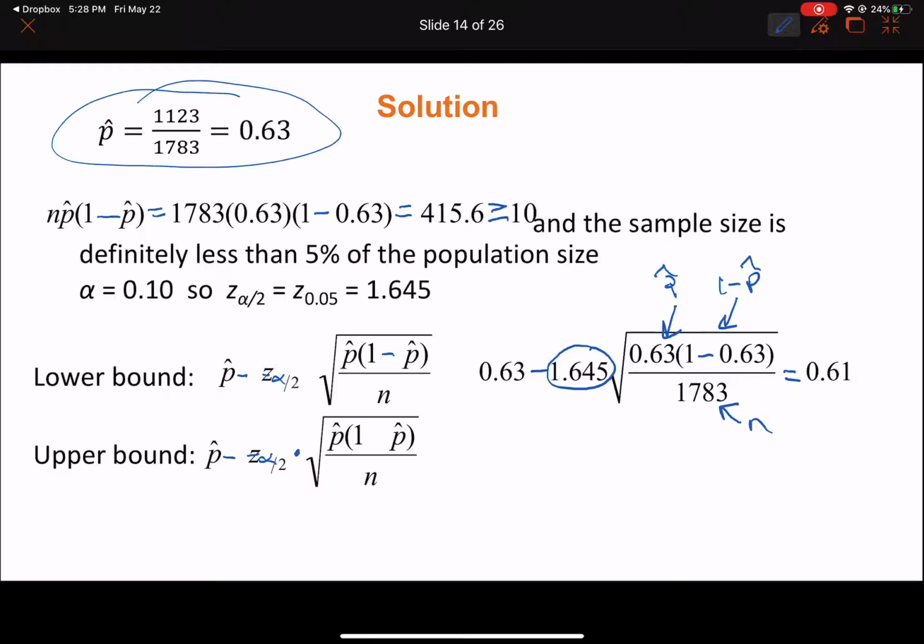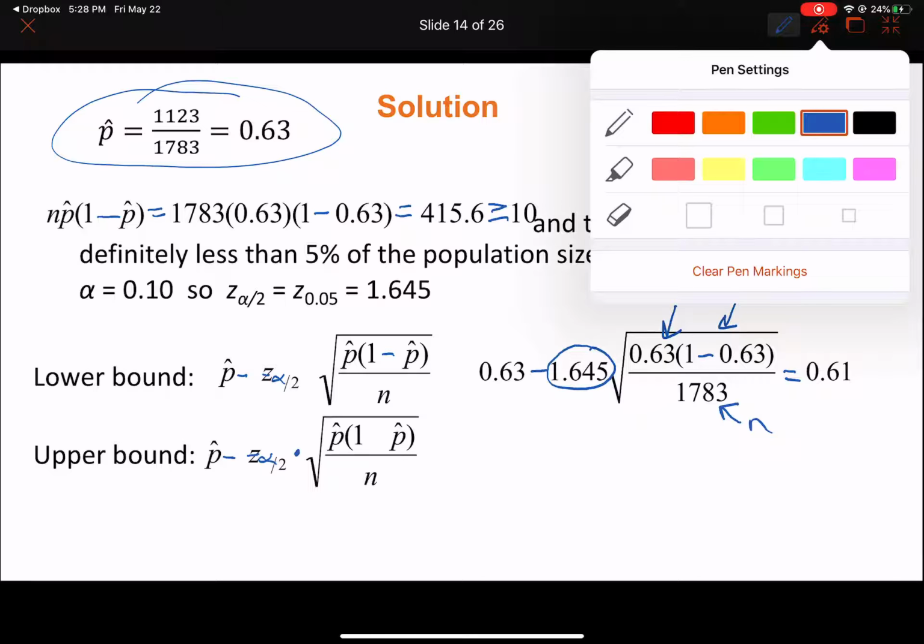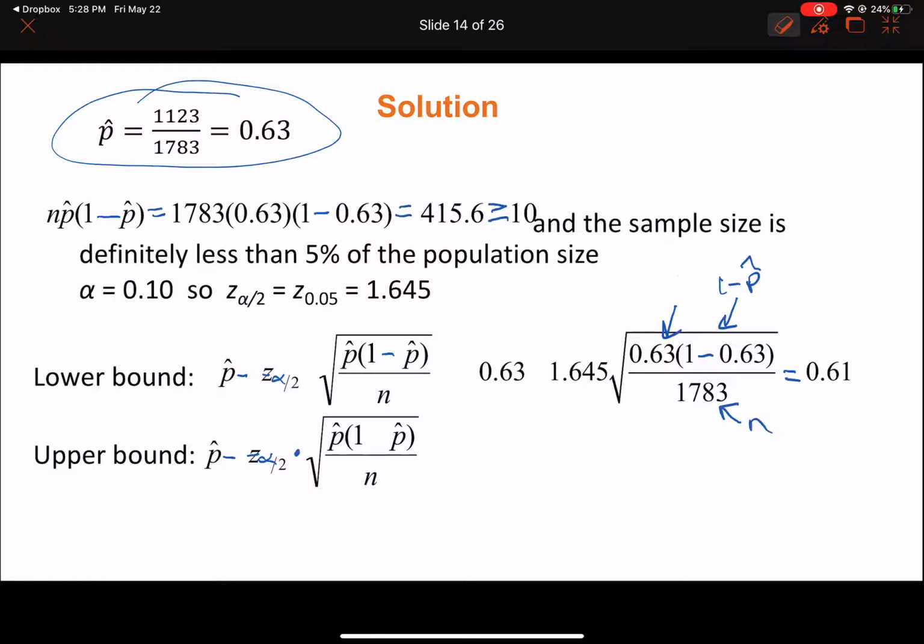So I do the p-hat minus this, which is my margin of error. Let me just erase all of this extra stuff here. So I have the p-hat, which is my mean, minus all of this, which is my margin of error.